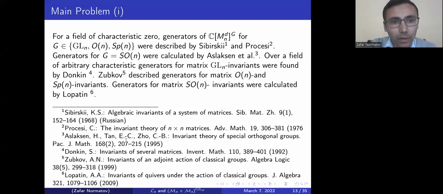Over a field of arbitrary characteristic, generators for matrices GL_n invariants were found by Donkin in this paper. Zubkov described generators for matrices orthogonal group and symplectic group invariants. Generators for matrices special orthogonal group invariants were calculated by Lopatin in this paper.